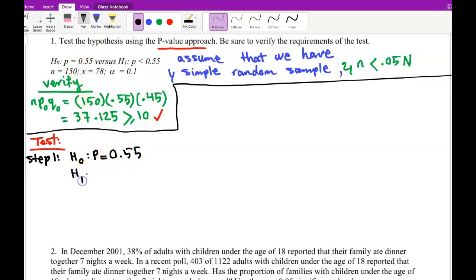Now the alternative is already given, p is less than, so we have left-tailed. Then step 2, we should find what alpha is. That part is already given, so alpha is 0.1.